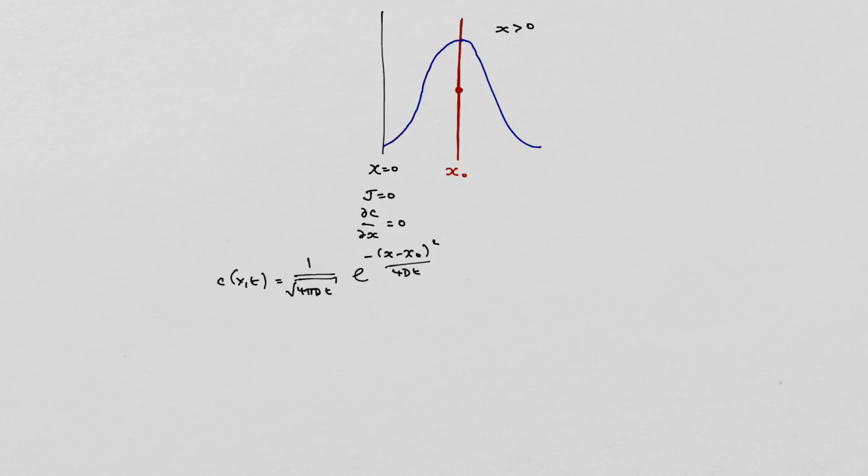And the point is that it solves the diffusion equation in this region of interest, and it satisfies the boundary condition at infinity that the concentration goes to 0, but it doesn't satisfy this 0 flux boundary condition because this has got a bit of a slope. If I were to take this as my solution, then this slope tells me that material is leaking out of the sample. And if I were to integrate up under here, I wouldn't quite get the total original amount of material. And as time went on and this thing gets broader, more and more material would be lost. So this isn't the solution.